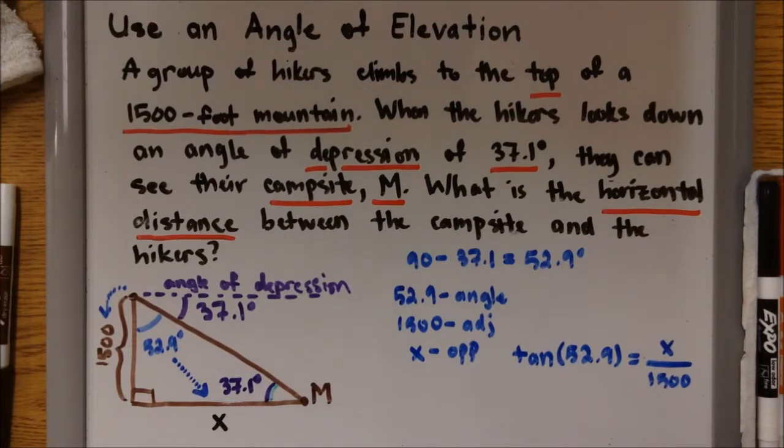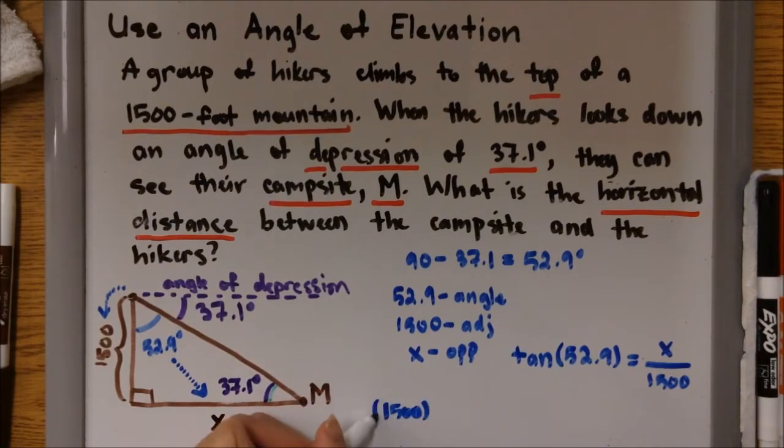Now if I want to get x by itself, I'm going to multiply both sides by 1,500, and when I do that, it's going to look like this: 1,500 times tangent of 52.9 degrees equals x.